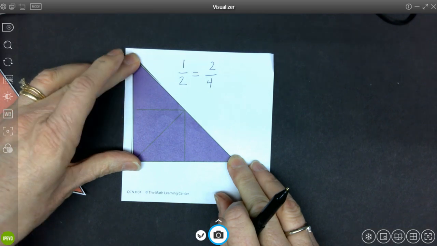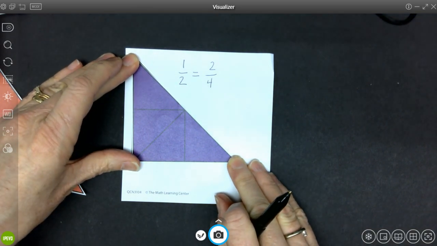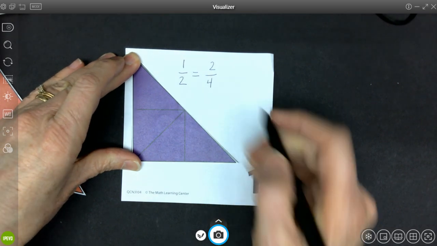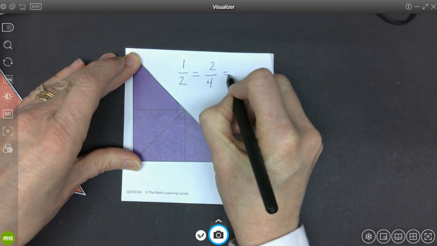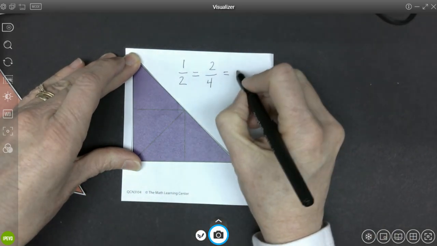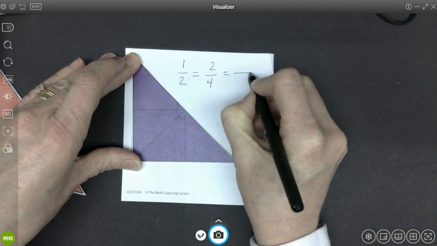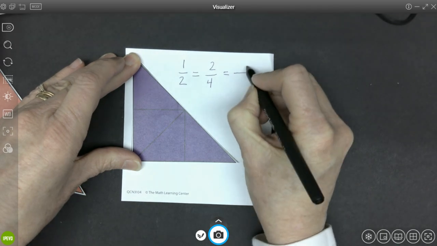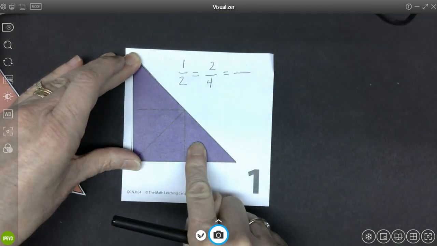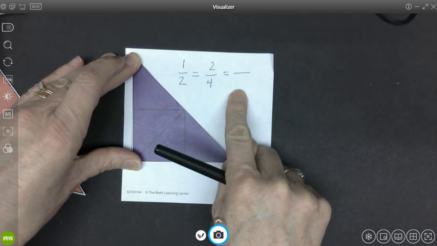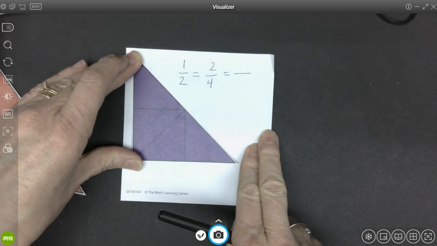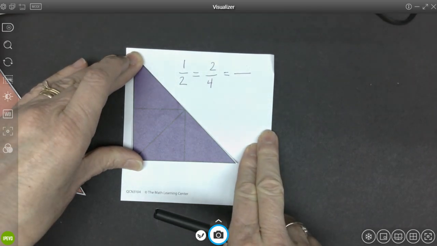These pieces also cover up that half, and they are eighths. Remember, they are parts of the whole broken into 8 pieces. So I want you to think about, what would the numerator be? How many of these pieces do we have? And what would the denominator be? What kind of piece are we referring to? So what would that fraction be?